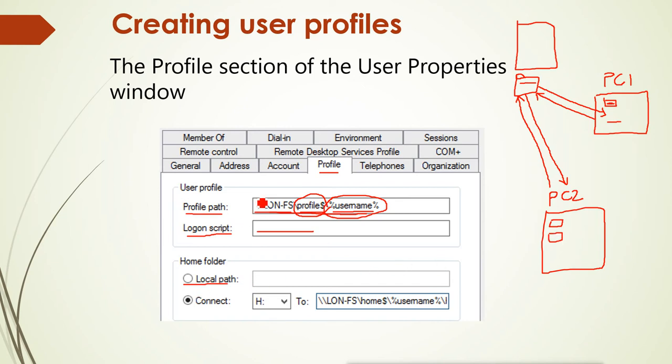So we can create the roaming profile, or we can even put this on a map drive for the home folder. So everything will be roaming for the user. And these settings are available under the user's properties, profile tab.